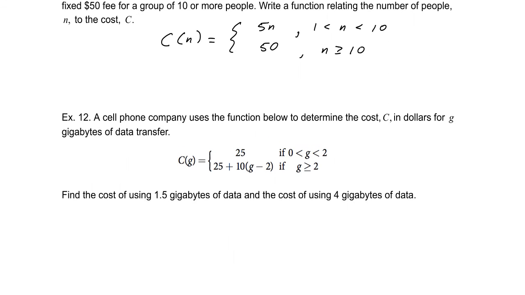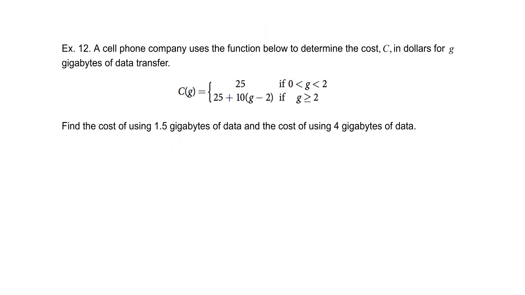All right. Example 12, a cell phone company uses the function below to determine the cost C in dollars for G gigabytes of data transfer. Find the cost of 1.5 gigabytes of data and the cost of using 4 gigabytes of data. Well, 1.5 is between 0 and 2, so we are going to use this formula, in which case the cost is simply $25. That part of our function is a constant.